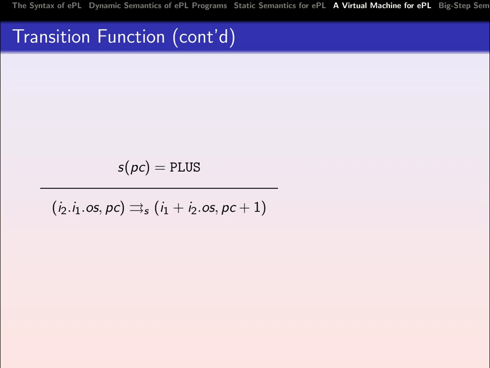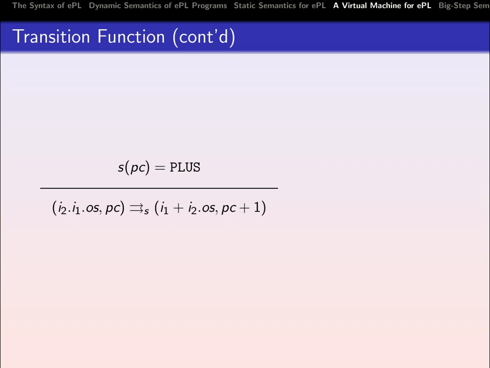So we extracted I1 and I2, we popped them, we performed the operation I1 plus I2, and we push that result on the stack, so it is now prepended to OS. And we have PC plus 1, we moved on to the next instruction. Cool? And that's pretty much it.